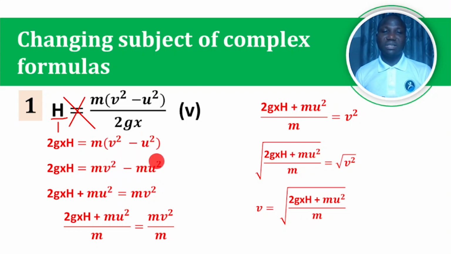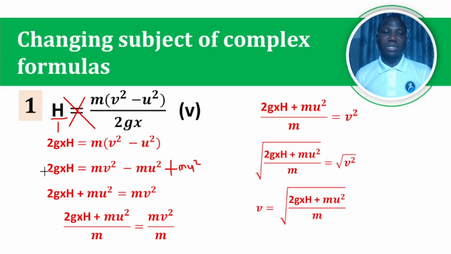Now, the next thing we have to do here is to move this term. You can see my subject now is here, and this term is being subtracted from my subject. The opposite of subtraction is addition. So to remove this term that is beside my subject, what I will do is add mu squared to both sides.